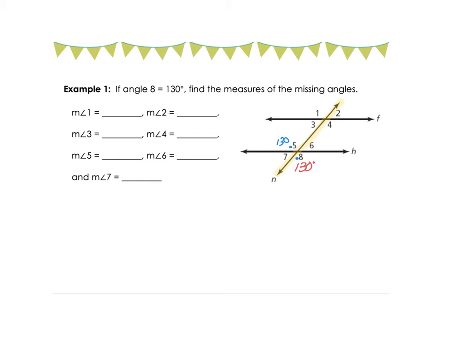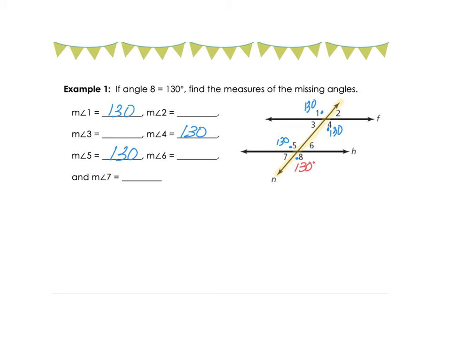And if I look at 1 and 5, they are corresponding, so that has to be equal. So 130, and then these guys are vertical. So I can fill in angle 1 is 130 degrees, angle 4 is 130, angle 5 is 130 degrees.